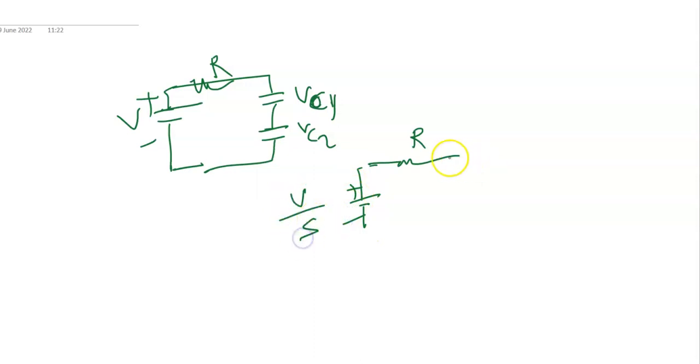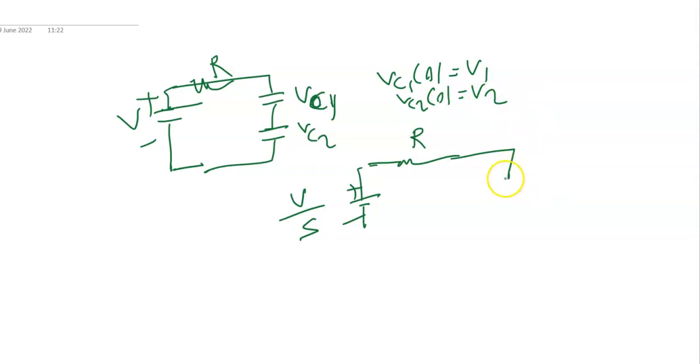So V upon s, let's say initial voltages Vc1(0) equal to V1, Vc2(0) equal to V2. So you will do the Laplace transform.